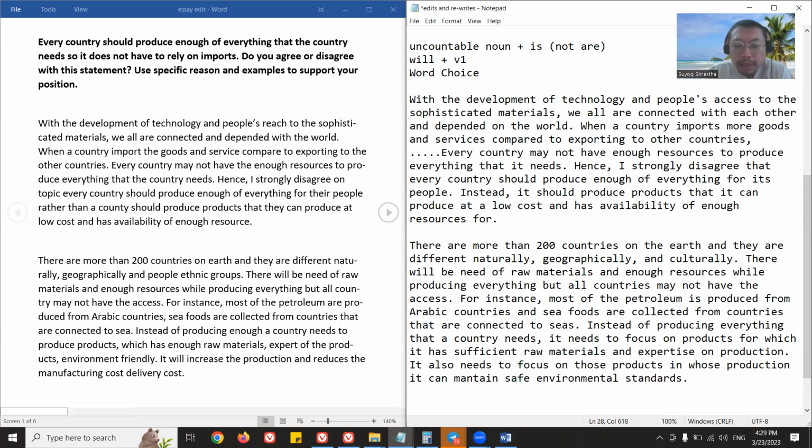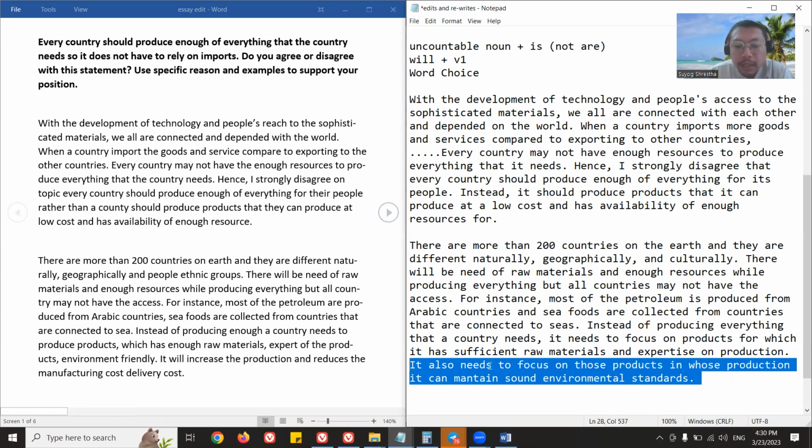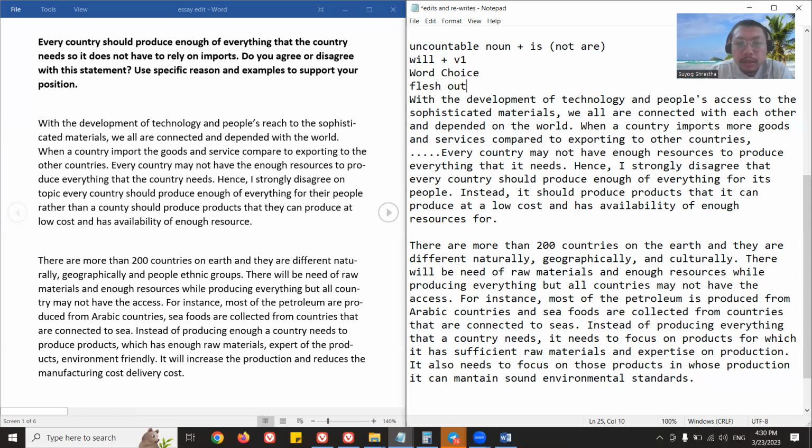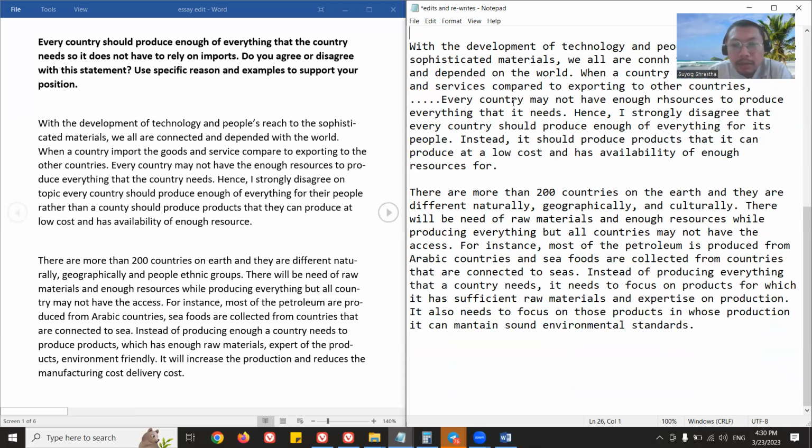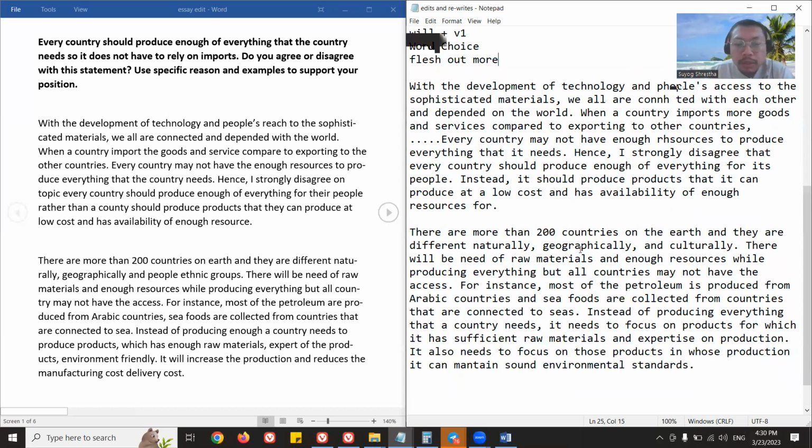Safe environmental standards or good sound environmental standards, right? So यो कुरा लास्टको कुरा यतिकै सजिलो थिएन है, यतिकै यहाँ जोड दिनु भयो. It was a good point. I think that was a good point, but it needed more clarification, right? Sometimes you need to flesh out, right? Remember this word, guys. Sometimes we need to flesh out more. We need to use more words and then explain it.